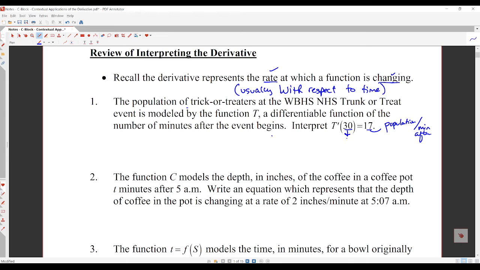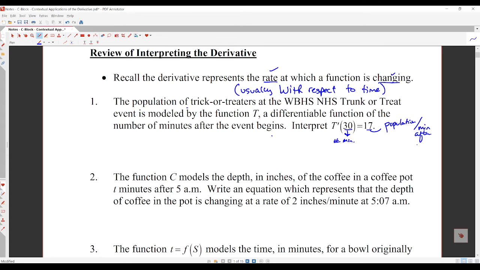And 30 is the number of minutes after the event begins.